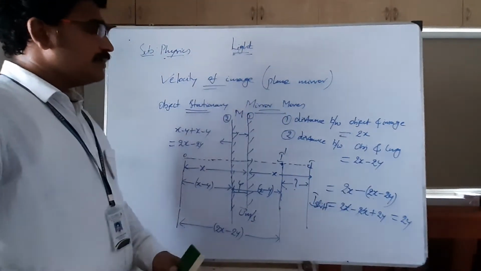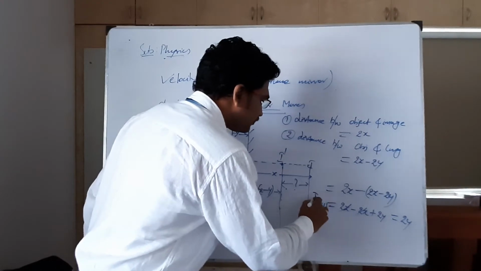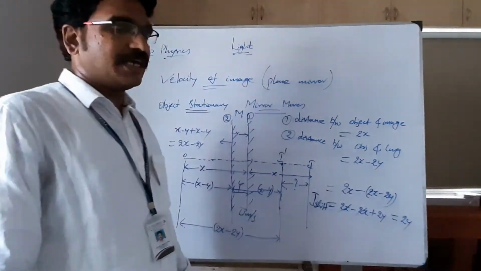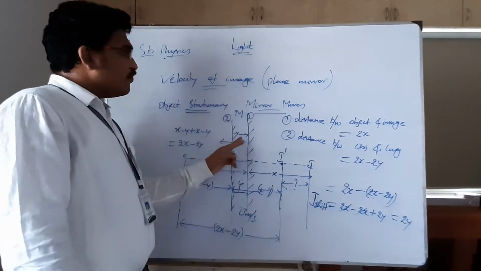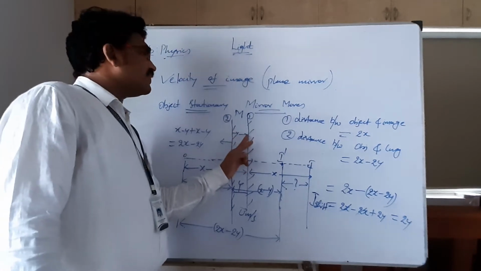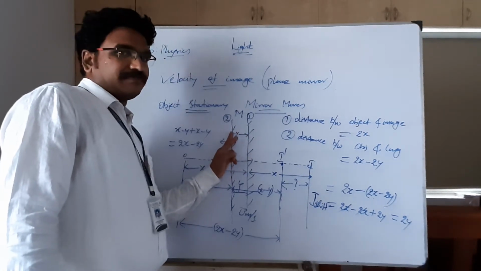Now you see here, the image shift is equal to 2y. What is y here? Again, you should understand what y is here. y is the distance traveled by the mirror from its first position to its final position.